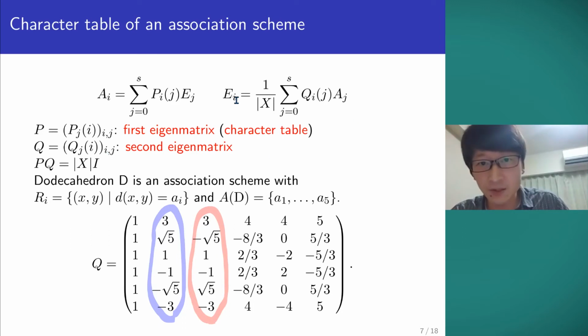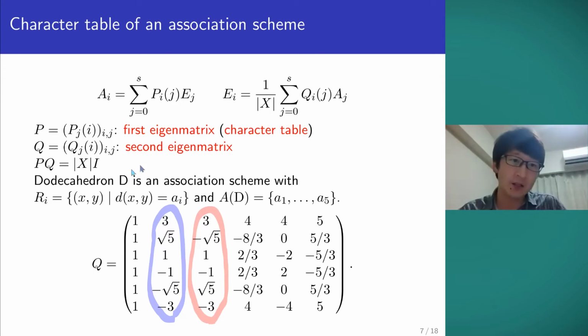Here we can regard E_i as the Gram matrix over some subset of the Euclidean unit sphere. So Q_ij is essentially the inner product, namely the distances of this embedding. So we have the relation that PQ is essentially the identity matrix.